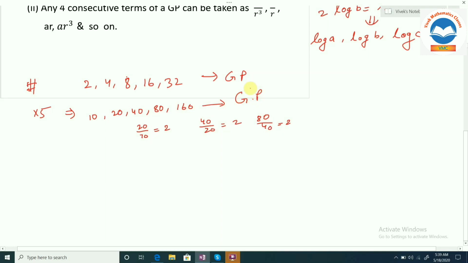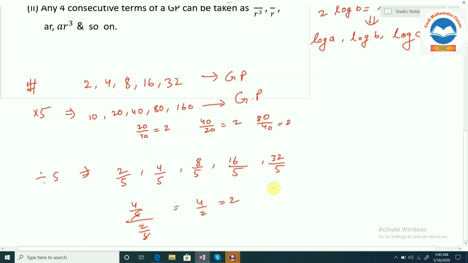Okay. So if you multiply each term by some number, let's say we will also divide by 5. If you divide by 5, what you will get? 2 by 5, 4 by 5, 8 by 5. Next will be 16 by 5, next will be 32 by 5. Let's check. What will be T2 by T1? 4 by 5 divided by 2 by 5. The 5 cancels out, we get 4 by 2 which is 2.